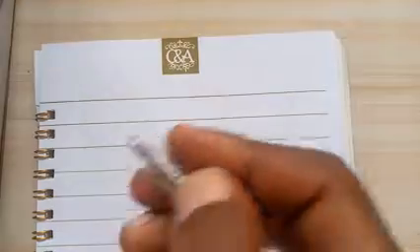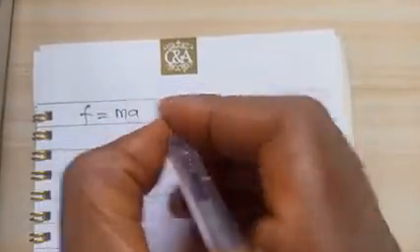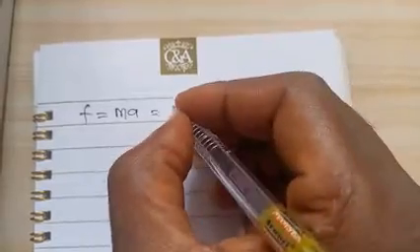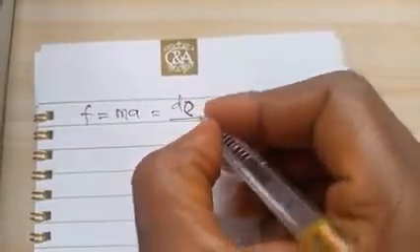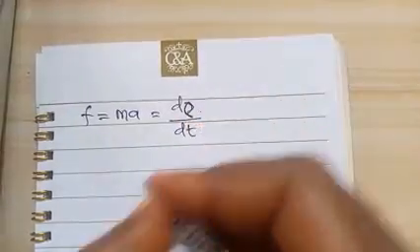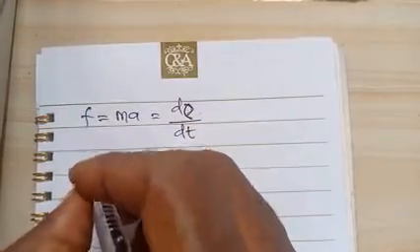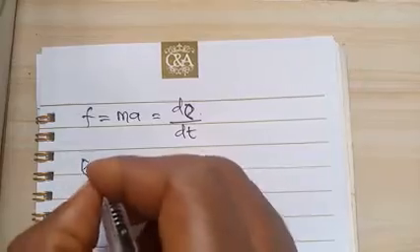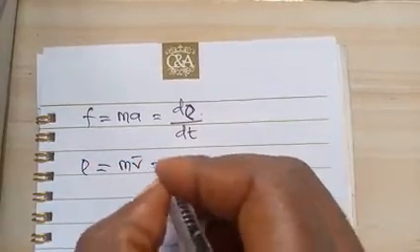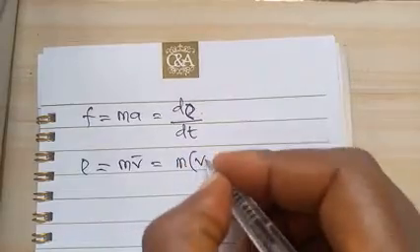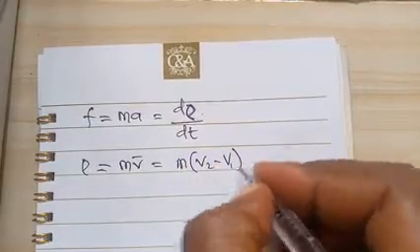We also have other formulas that we can use depending on what you are asked to get. For example, if you are asked to get force, force is equal to mass times acceleration, or you can get it by differentiating momentum with respect to time. If you're asked to get momentum, momentum is mass times velocity, which is mass into final velocity minus initial velocity.